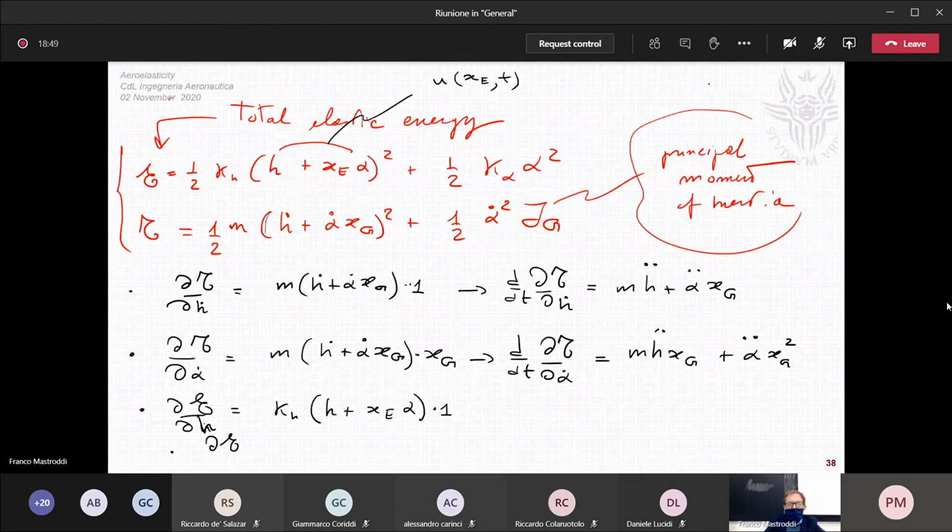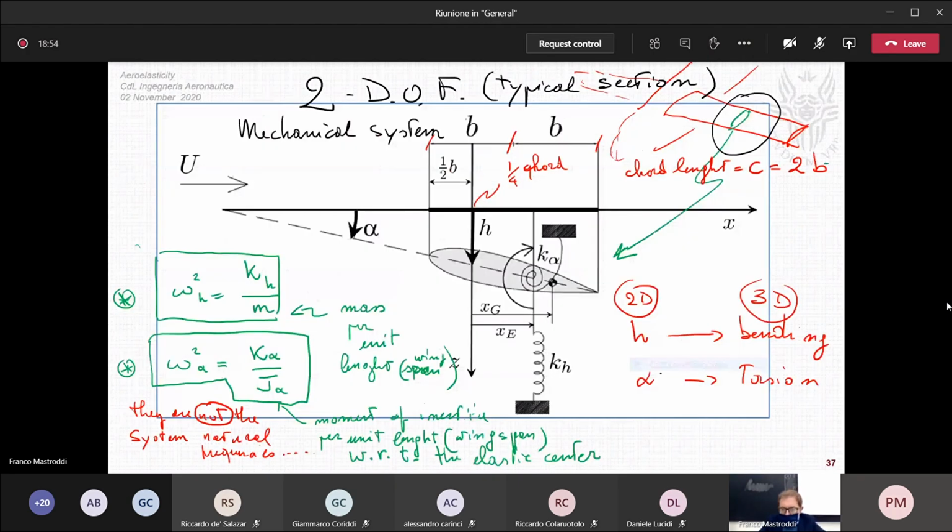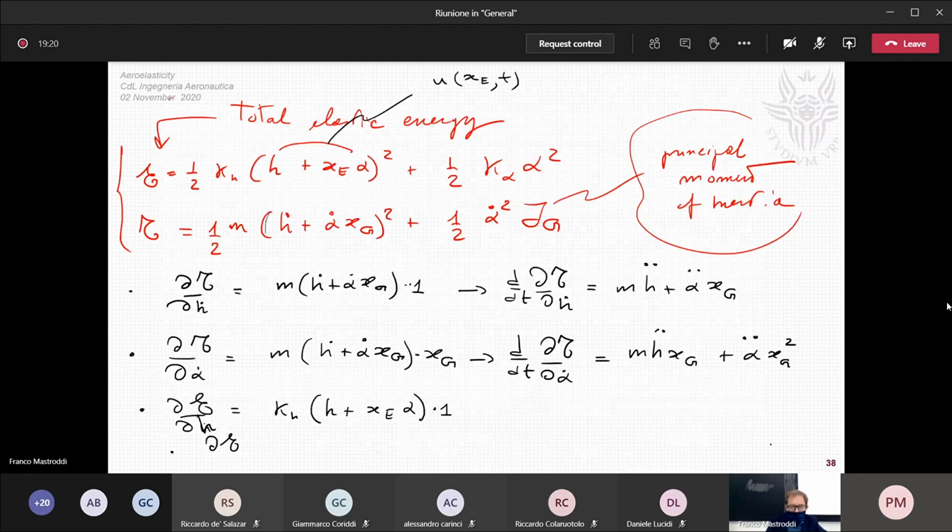We decided that the displacement u as a function of x and time is equal to h plus x times alpha. And if you want to consider the displacement of the elastic center, you have just to put xe instead of x here. And therefore, we have this for representing u in the elastic center.